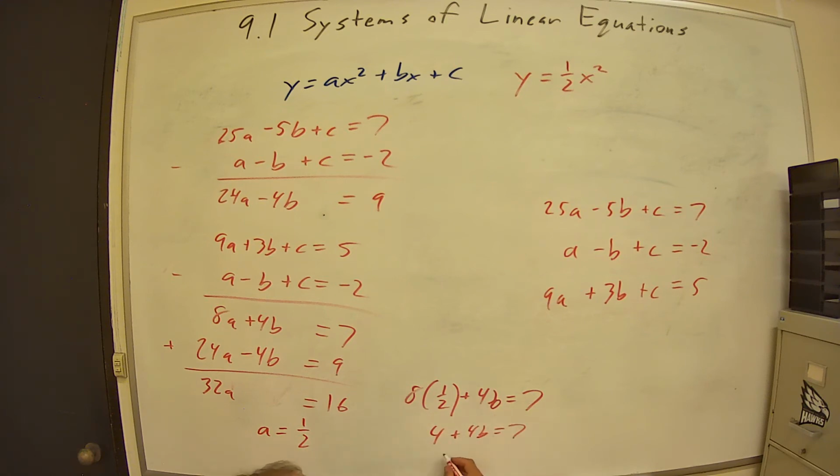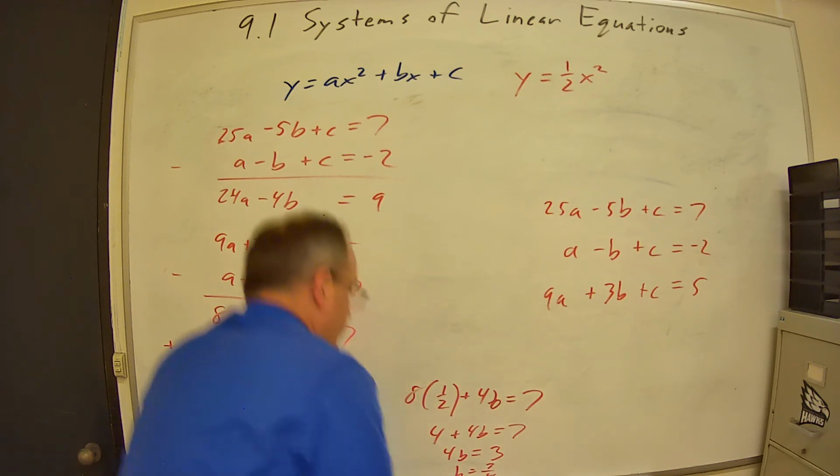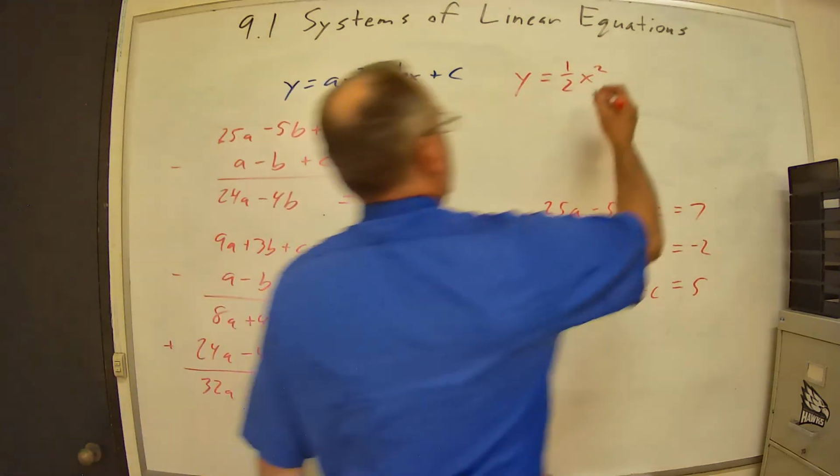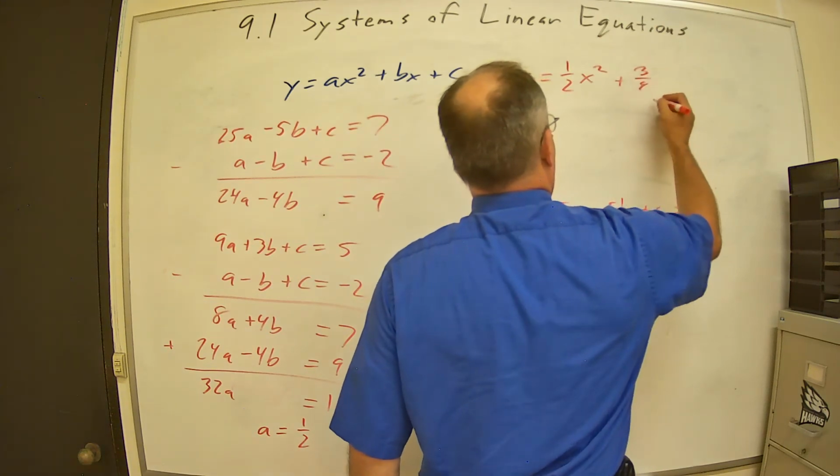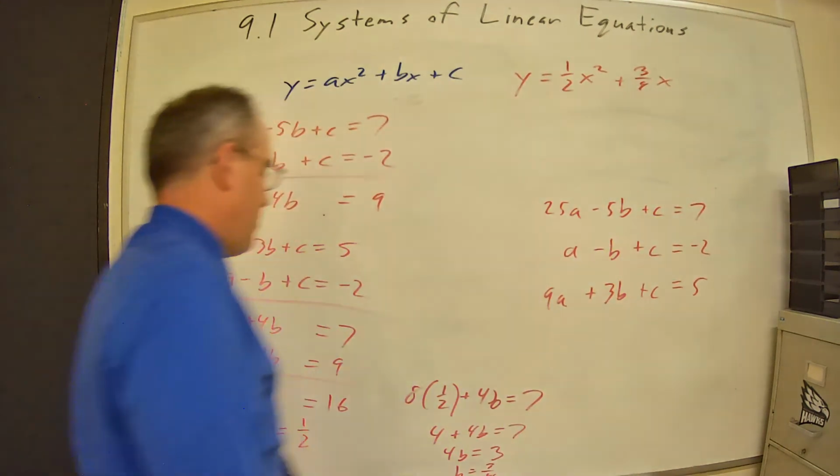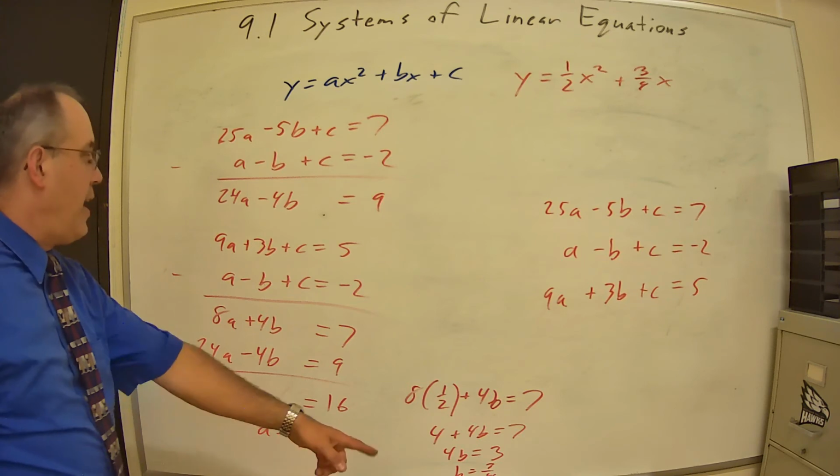Subtract 4 from both sides, and we get 4B is equal to 3. So B is equal to 3/4, plus 3/4 x. Now I have A, I have B.